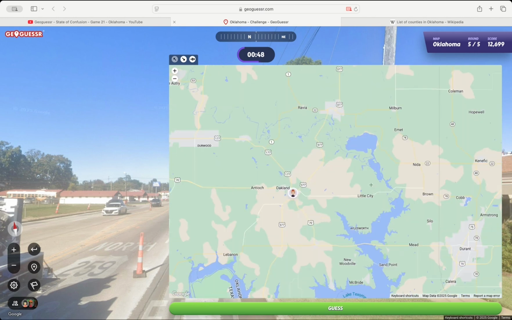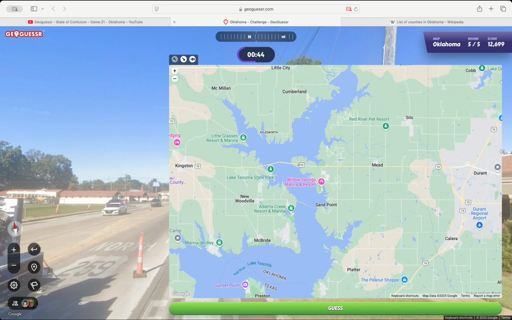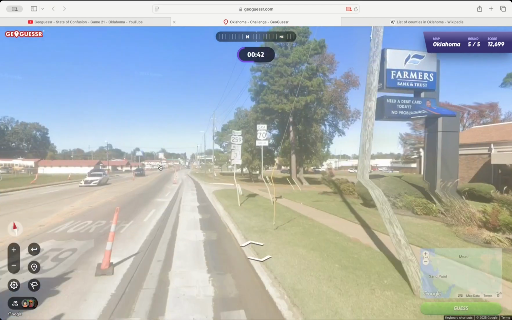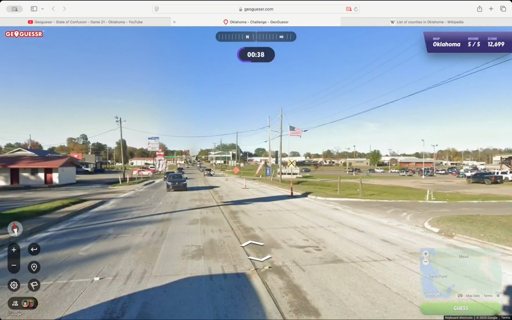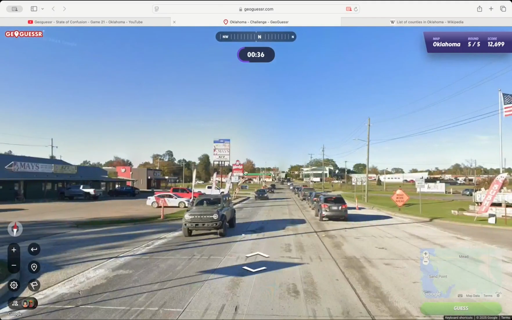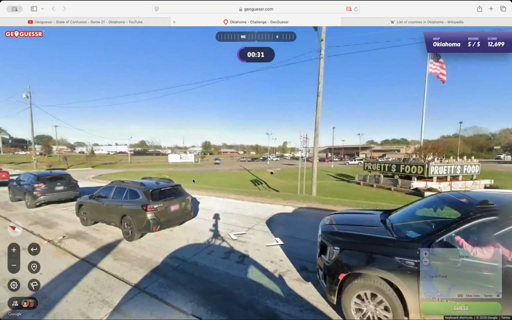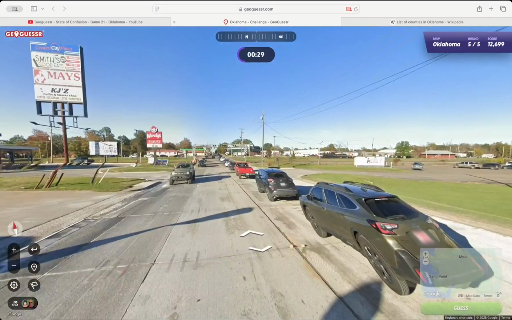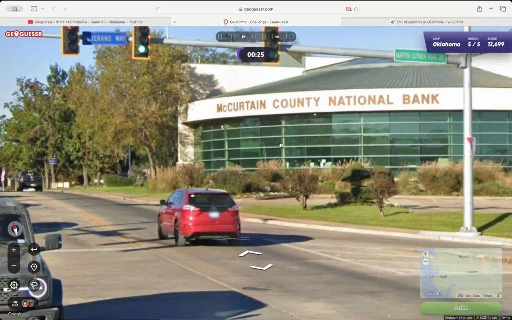And is this going to be another instance where we're right on the edge of the state? It kind of looks like it. 259 and Oklahoma 3. Pruitt's Food. I never found the 259 on the map.